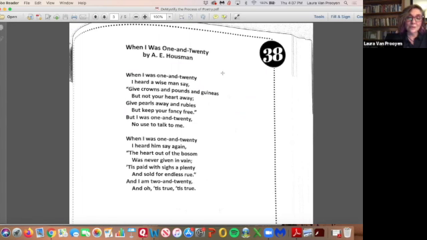When I was 1 and 20, I heard him say again, the heart out of the bosom was never given in vain. 'Tis paid with sighs aplenty and sold for endless rue. And I am 2 and 20, and oh, 'tis true, 'tis true.